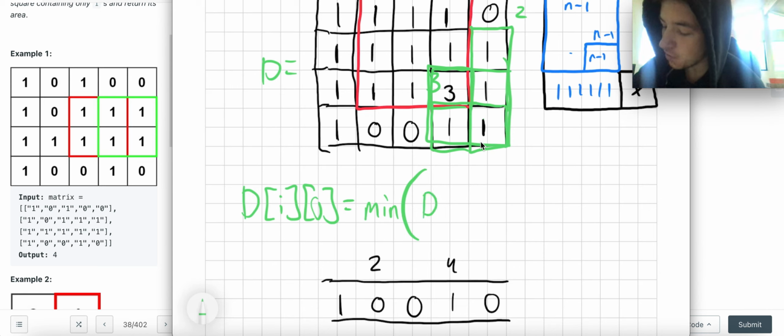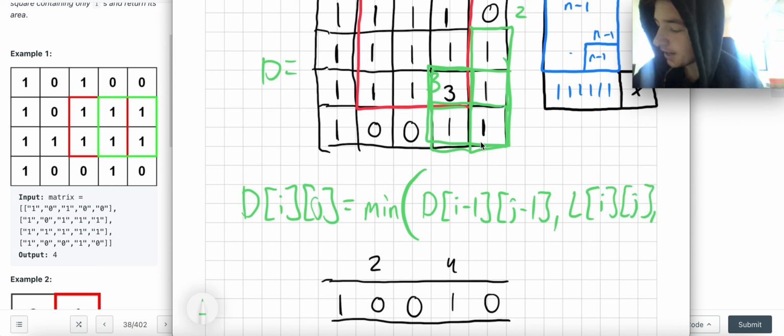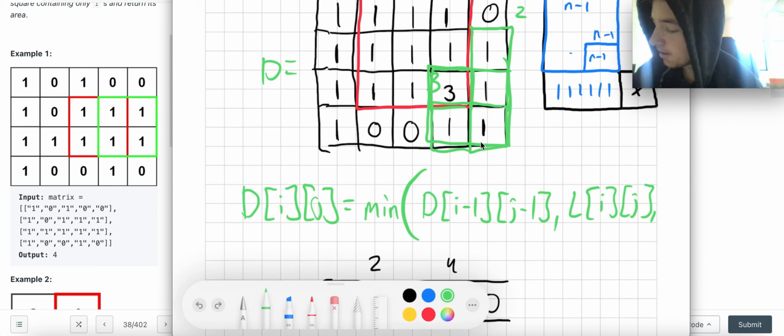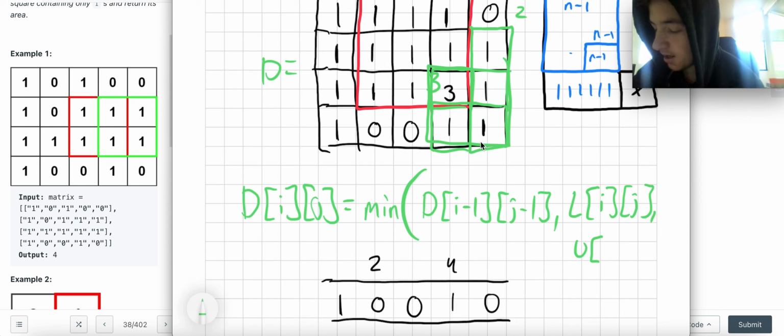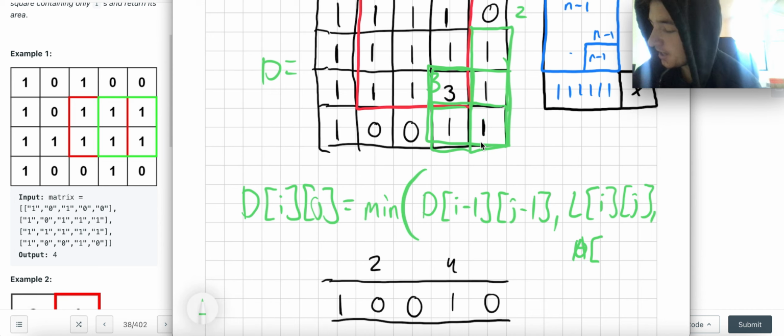Well, whatever square I have to above me and to the left, the number of 1s to the left of me, and the number of 1s above me, or up, we'll call it above, I guess, to the left of me and above me, right?